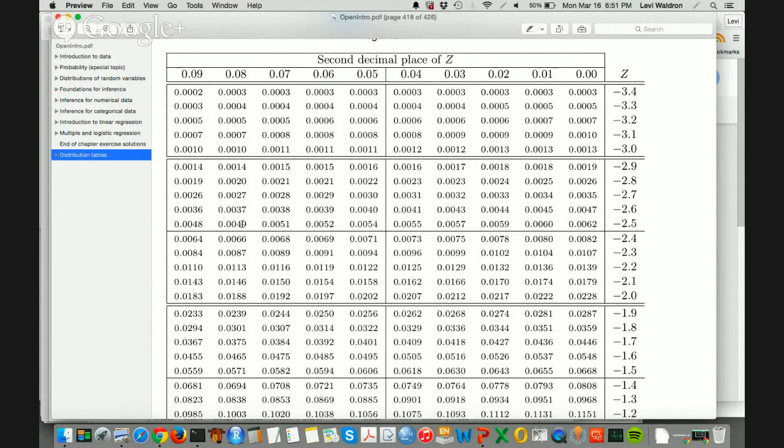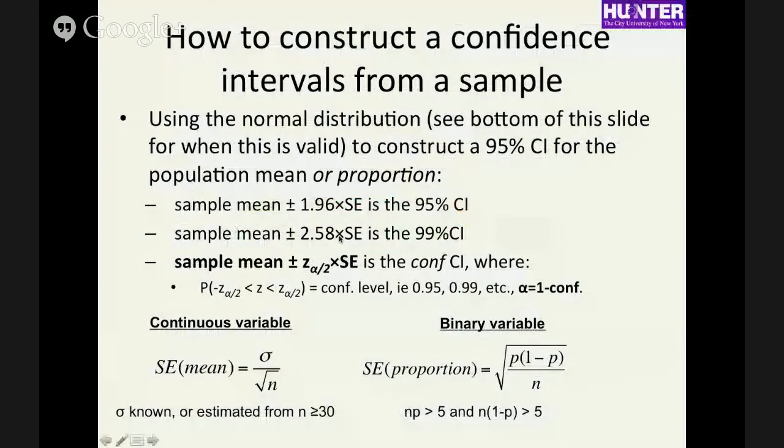Oh, right there, so it's about minus 2.57 or minus 2.58. And what did we say on here? 2.58. Any questions about that? No, we're good.